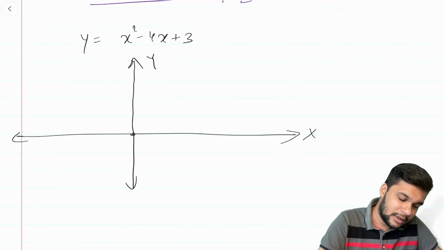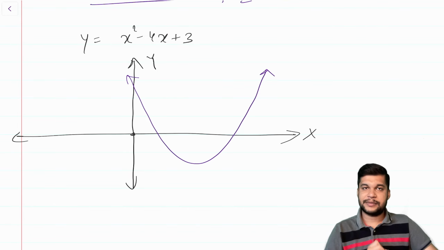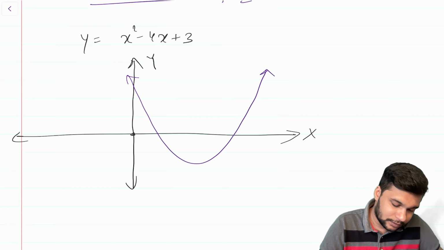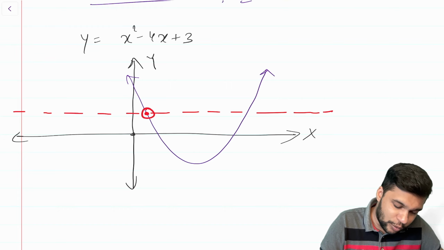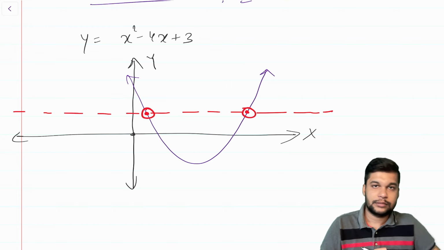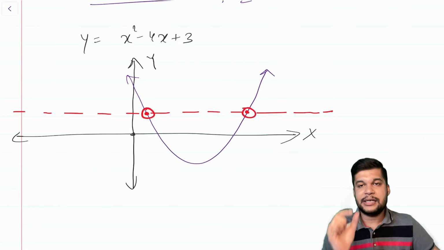If you graph it, it will look something like this. If you draw a horizontal line anywhere on the graph, it is intersecting at 2 points, which means the inverse doesn't exist.